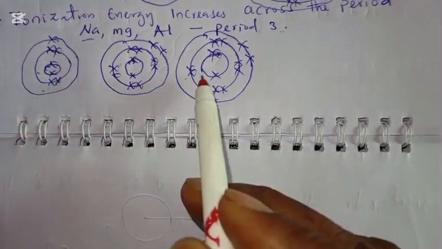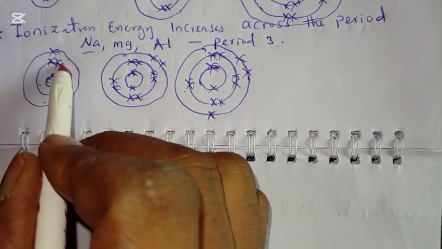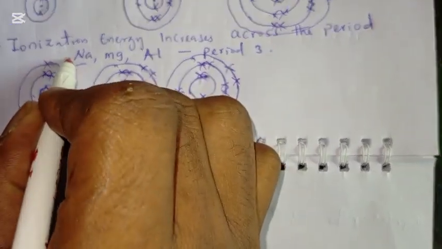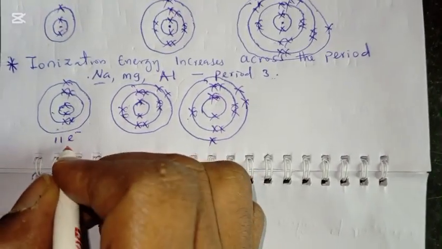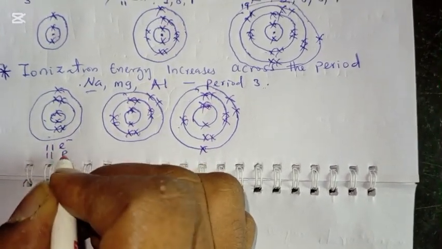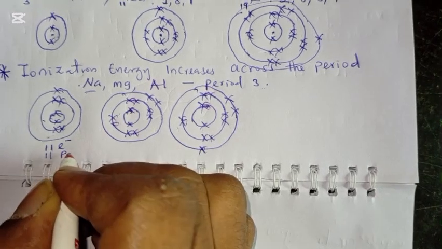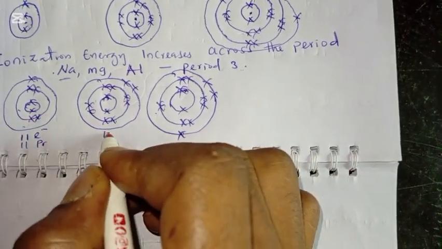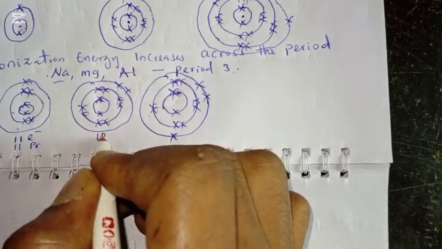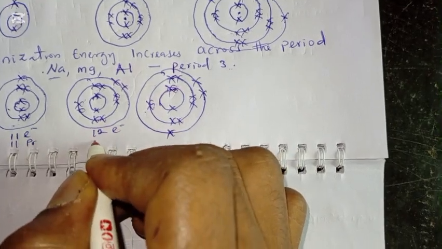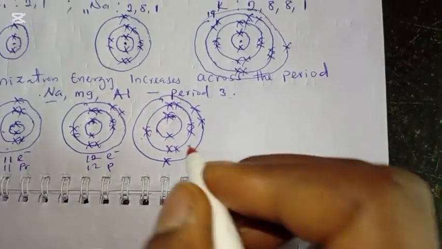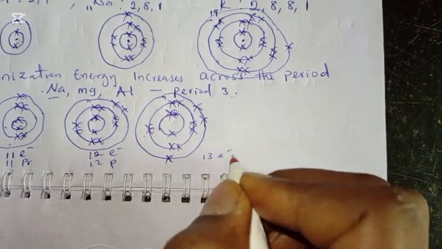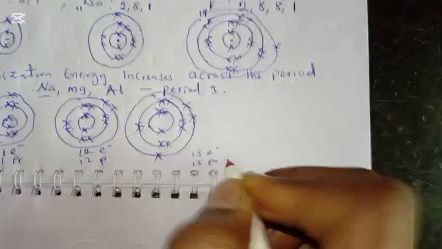But then there is something that is happening here. If you look at the number of electrons we have here, for sodium we have 11 electrons, also 11 protons. Are you following through? For magnesium we have 12 electrons and 12 protons. For aluminium we have 13 electrons and 13 protons.